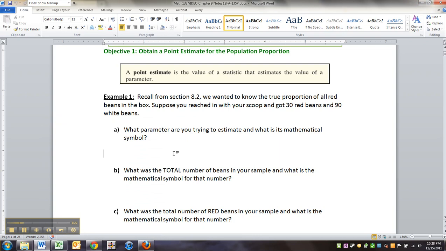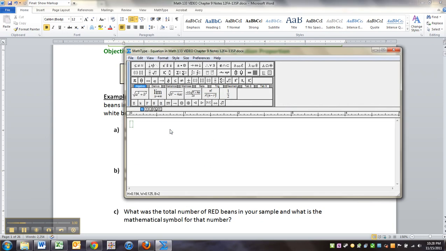Now let's remind ourselves just for a second what parameters are. So there's really four: the mean, the proportion or percent, and then there's sigma or sigma squared. Those two kind of go together because if you know one, you know the other, since they're squares of each other.